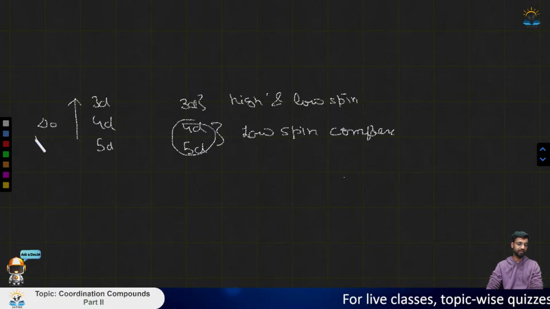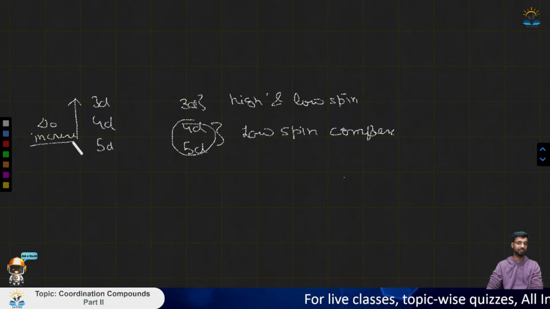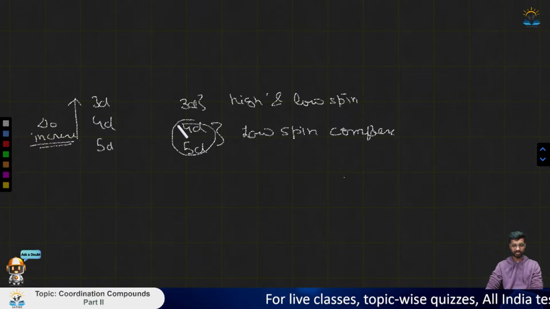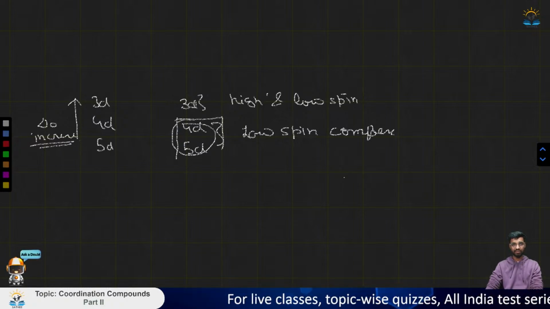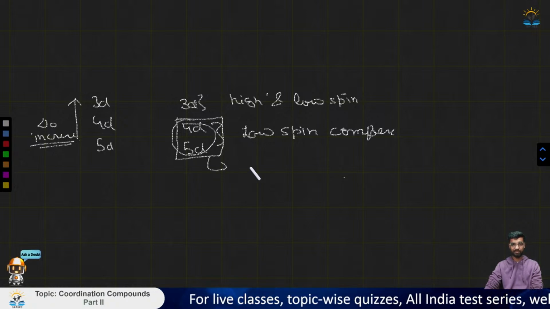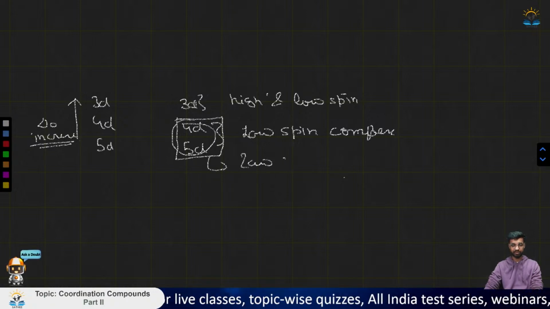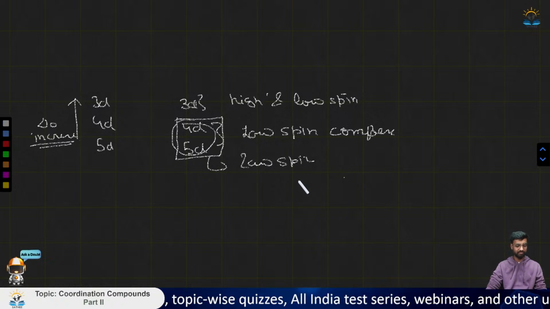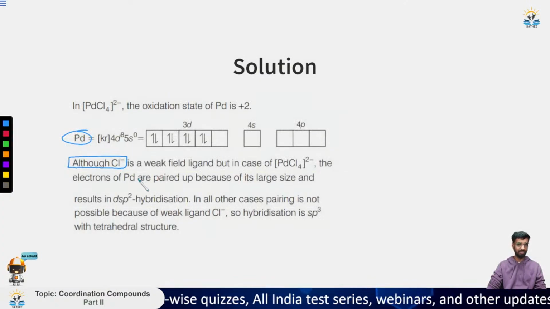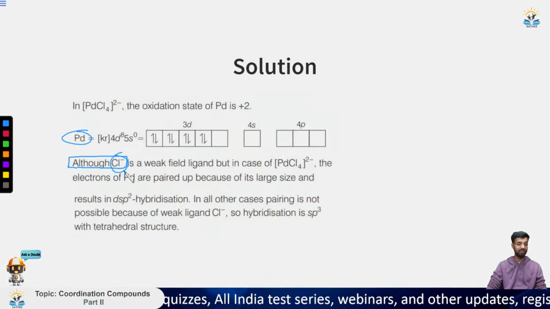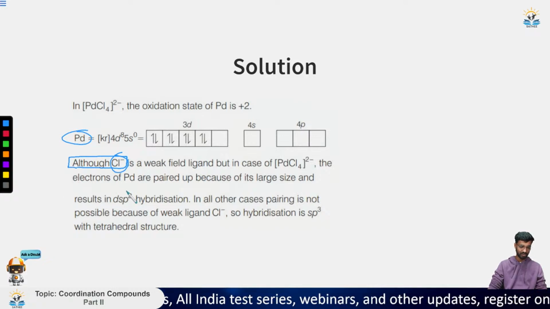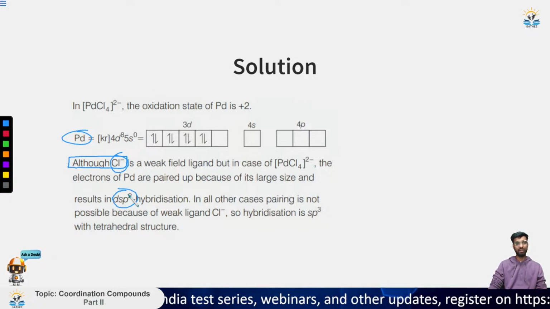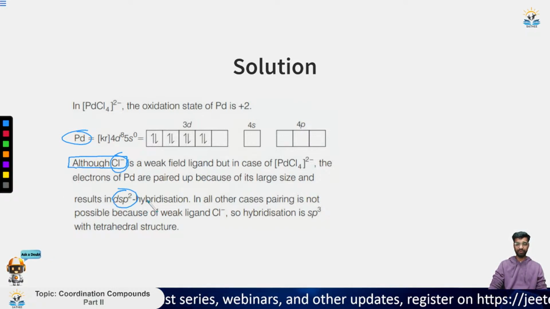Delta O is increasing. I just want to make the point here that 4D and 5D series compounds generally form low spin complexes. Okay, you can keep this in mind. So it forms a low spin complex even with this Cl minus, which is a weak field ligand. Due to this reason, we have dsp2 hybridization.